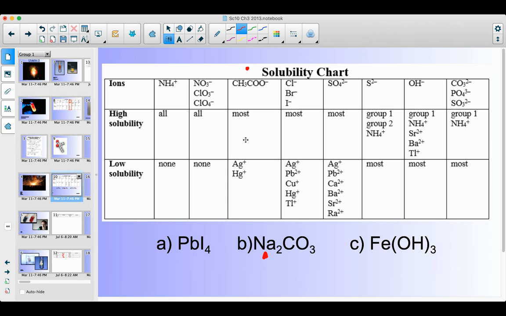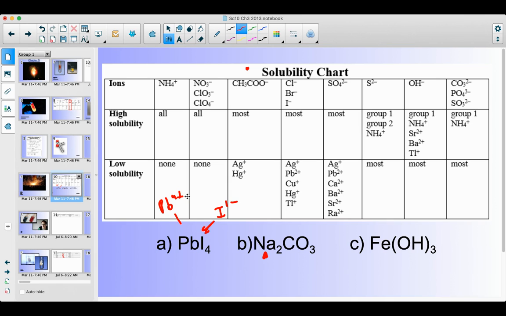So to understand how this works, we need to first be able to identify our cations and our anions in a compound, okay? So the best way to go about this is to look at an example. If we're to look at PbI4, I am going to identify that my I4 is actually I negative and Pb is Pb4 positive, okay?